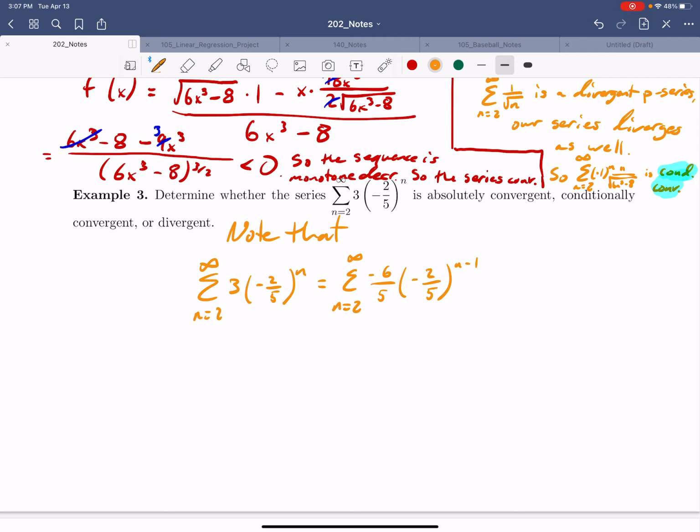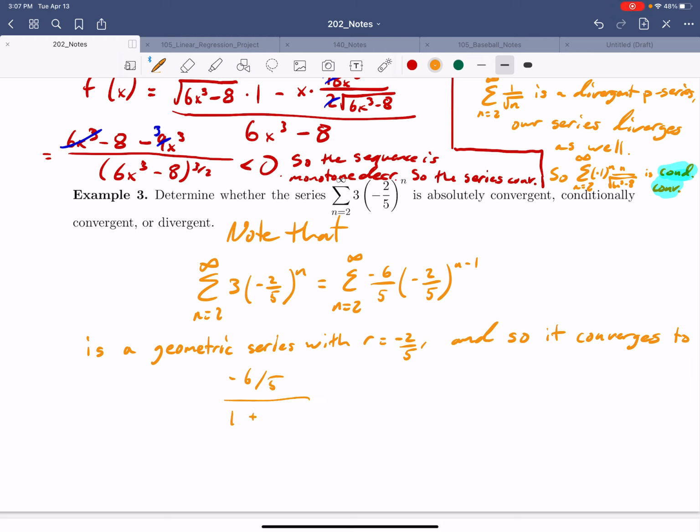Note that this is a geometric series with r equals negative 2/5, and so it converges to a over 1 minus r.